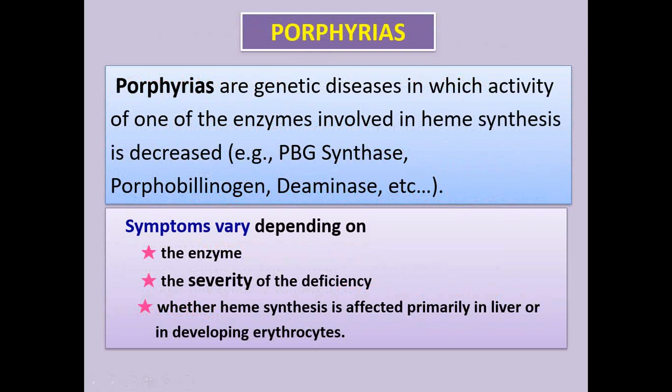Porphyrias are genetic diseases in which activity of one of the enzymes involved in heme synthesis is decreased. Symptoms vary depending on the severity of the deficiency, whether heme synthesis is affected primarily in the liver or in the erythrocytes.